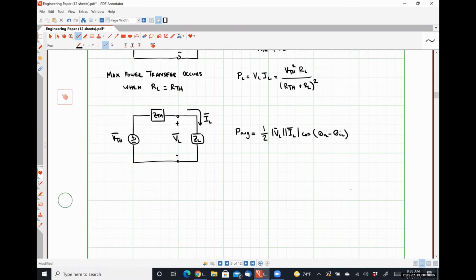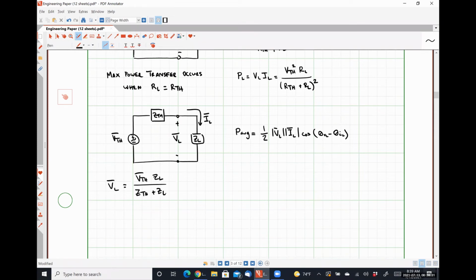So let's start with our load voltage VL. We can figure out what that guy is just using voltage division, exactly like we did in the DC circuit, right? So we know that it should be our phasor Thevenin voltage VTH times our impedance ZL divided by ZTH plus ZL.